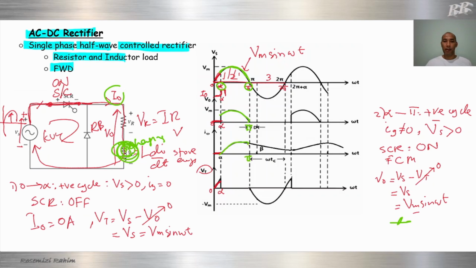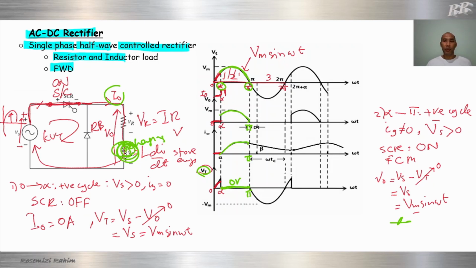For the thyristor voltage, from alpha to pi the thyristor is switched on. When the thyristor is switched on, or short circuit, we know that it is 0 volt. The graph will be like this. That is the second region, second phase.